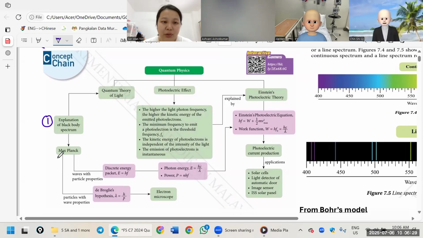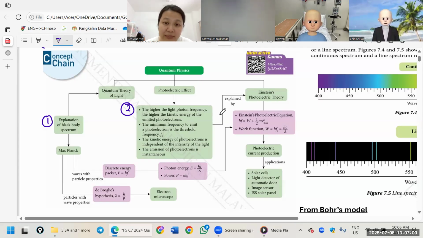Under black body spectrum, we have E equals hf and many things. I don't focus on this part, because so far there are fewer questions in the trial. I'll directly focus on the photoelectric effect.